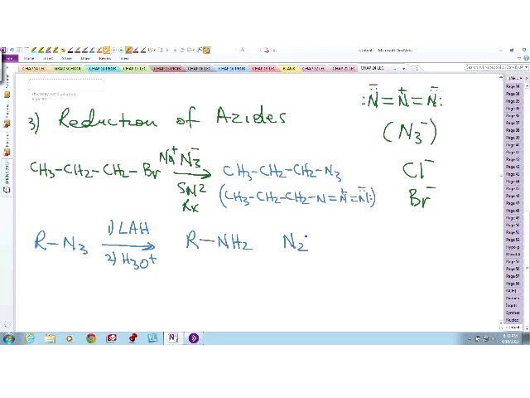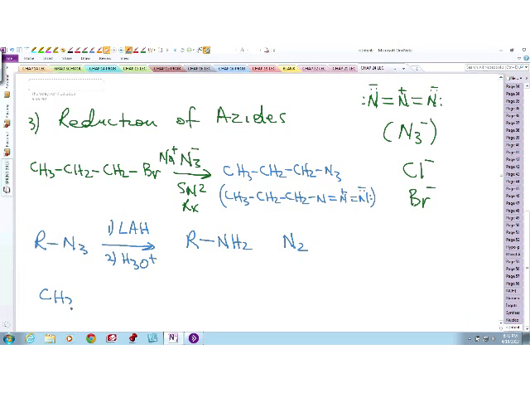Anybody who wants to know the mechanism of this reaction should see me after the class. But the net process here is that if you take an azide and reduce it with lithium aluminum hydride, you get a primary amine, and of course you release a nitrogen molecule.